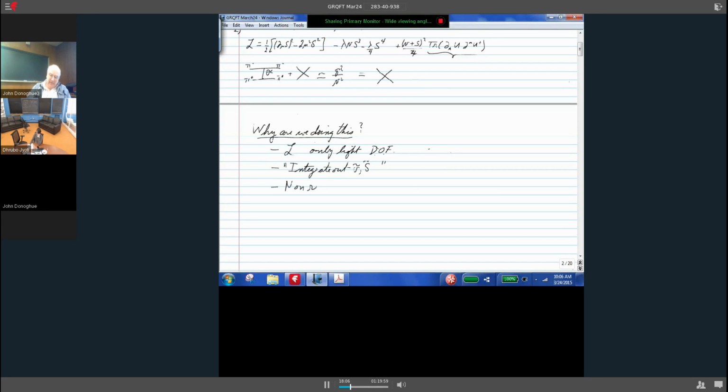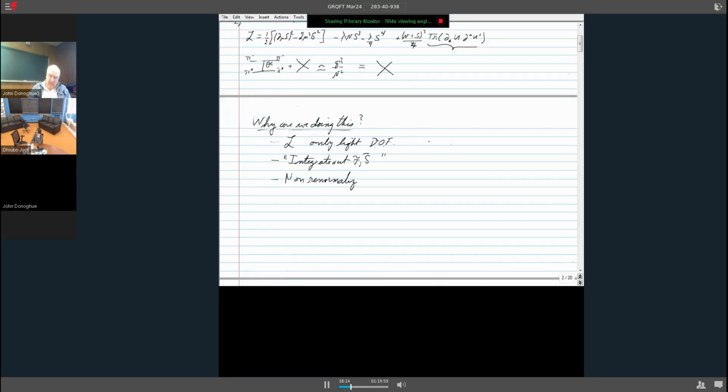The technical phrase for this is integrating out the heavy one. Whatever the heavy particle is, you remove it from the theory. And the interesting thing is you're left with a non-renormalizable Lagrangian. In this case, what we ended up with was v squared over 4 trace d mu U d mu U dagger.